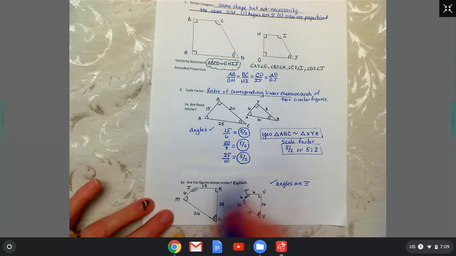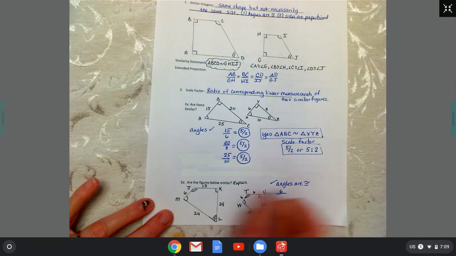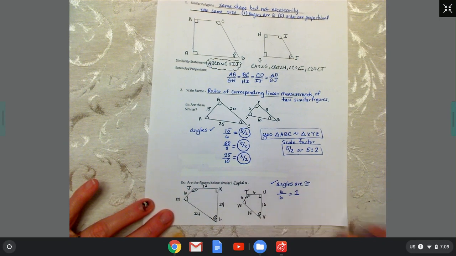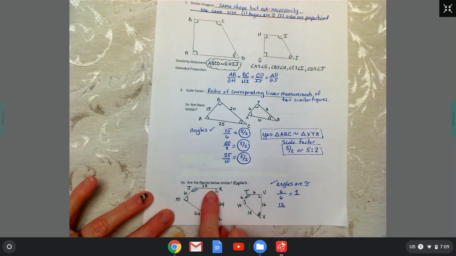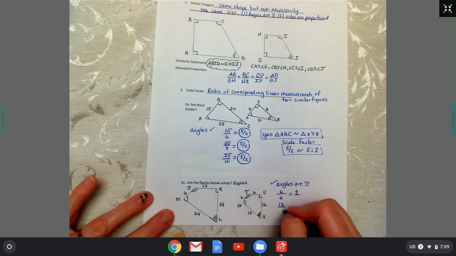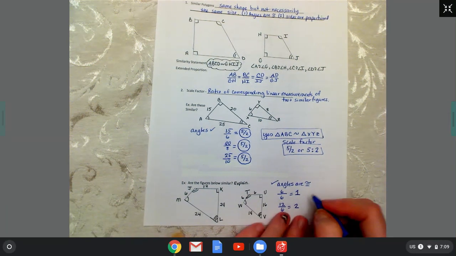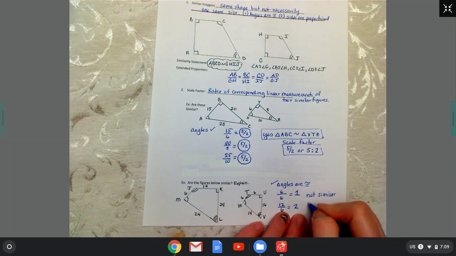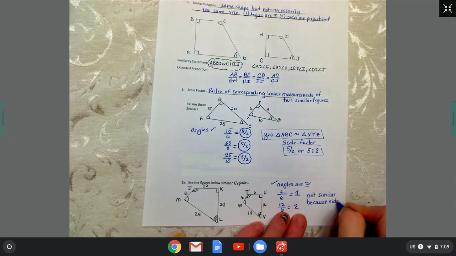So we're going to do MJ, which is 6, compared to WT, which has a ratio of 1. In the top, JK compares with TU. Okay, and we're getting a different ratio. So they're not similar because the sides are not proportional.